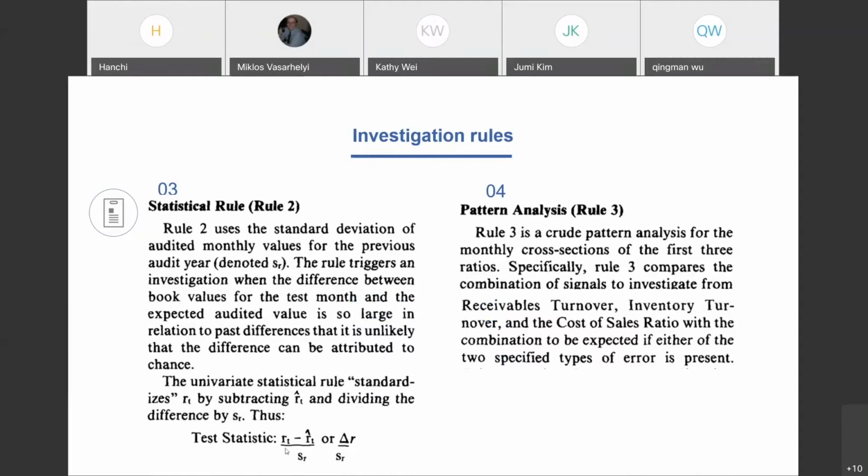Here is a formula that is easier to understand. And the last one is pattern analysis, which is accrual pattern analysis for monthly cross-sectional of the first three ratios. We want to compare the combination of signals to investigate from the three ratios.